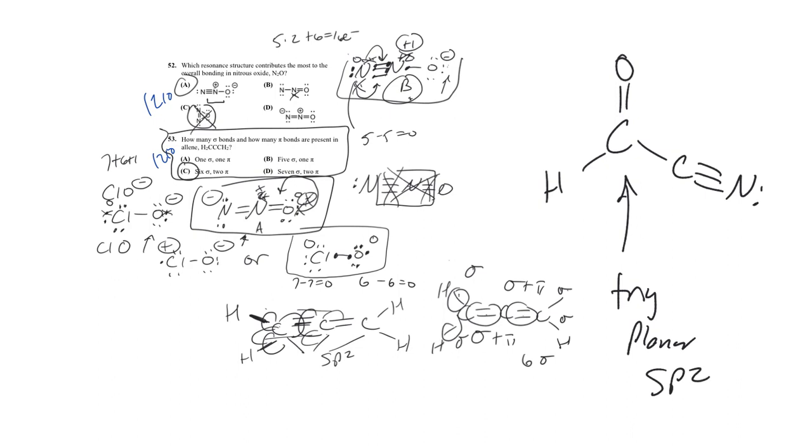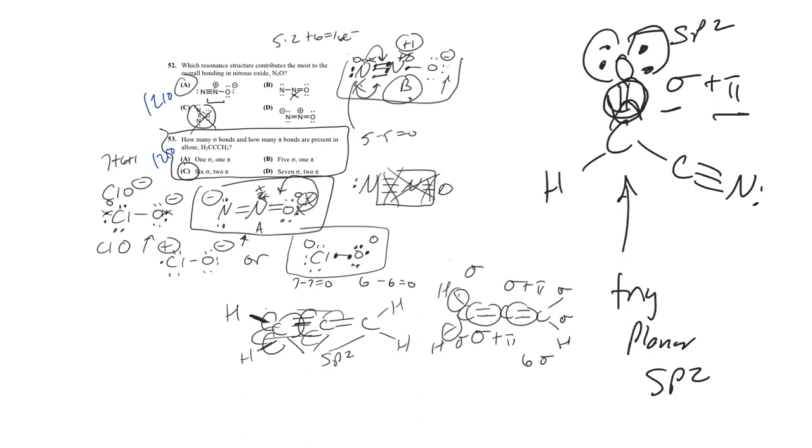And so this double bond is a sigma and a pi. The sigma is the sp2 overlap. Oxygen should have some lone pairs on it, so you can think of oxygen as being sp2 as well. So I have sp2 hybrid orbitals here making the sigma, and leftover p orbitals making the pi.